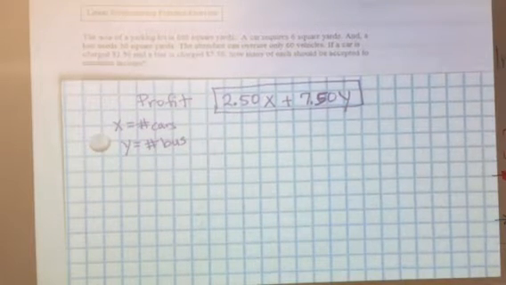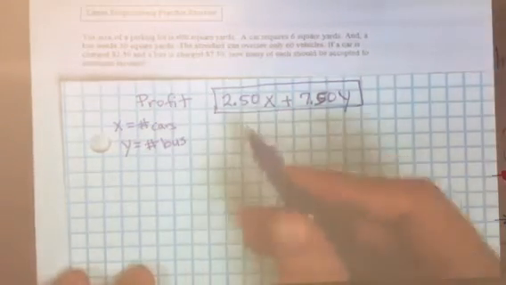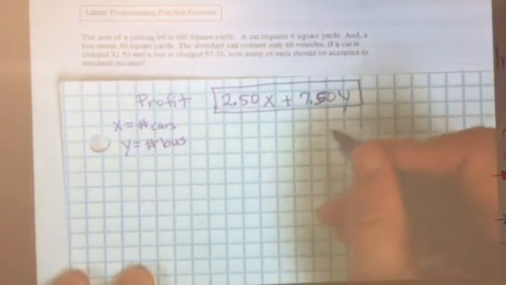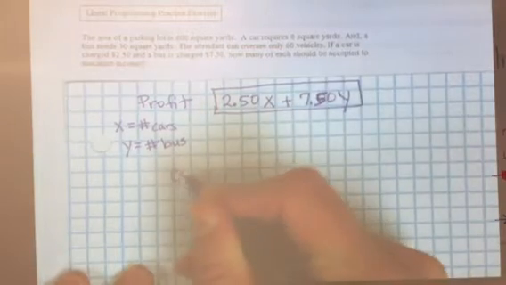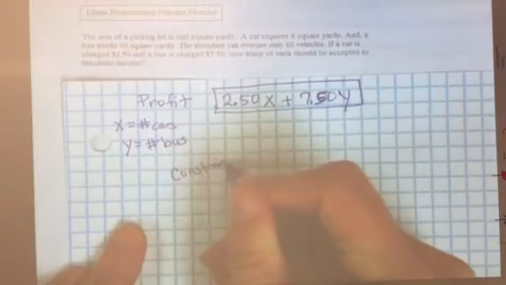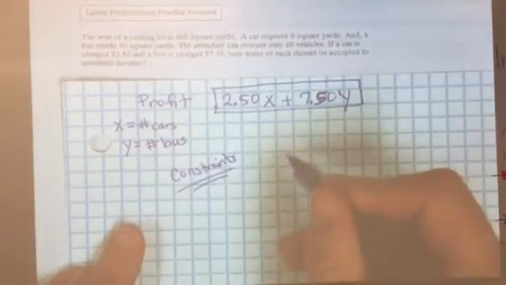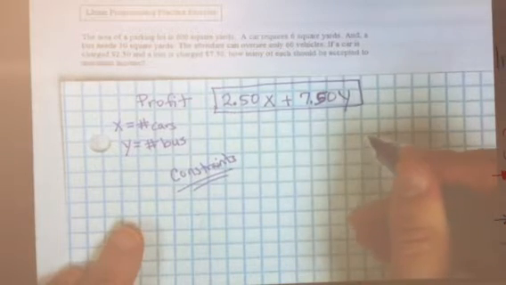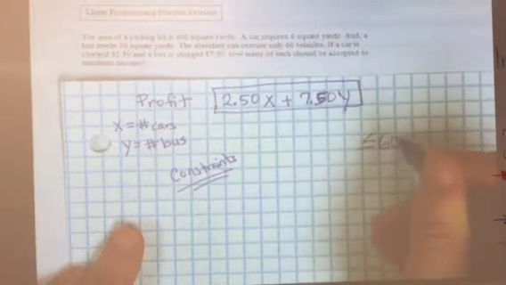We have some limitations though. We have limitations in how many vehicles can be in our lot, and we have a limitation with the amount of space the vehicles can take up. That's the area. So if we look at our limitations, the amount of area, so here we're talking about our constraints or our limitations. The area has to be at most 600 yards.